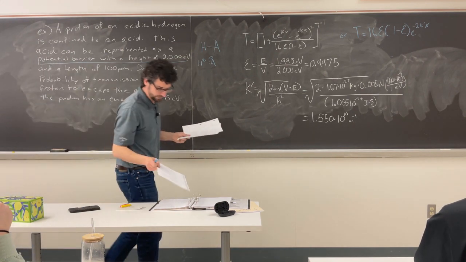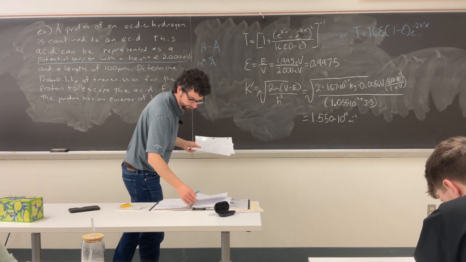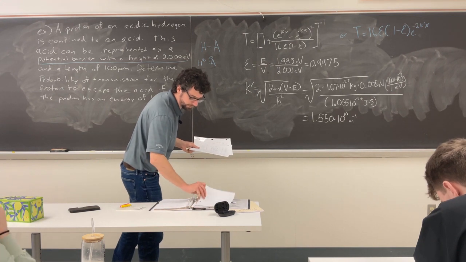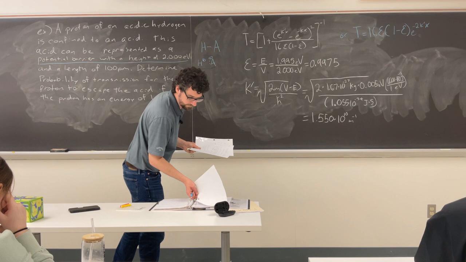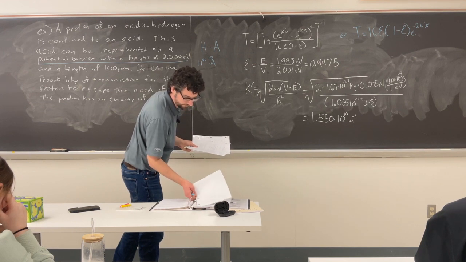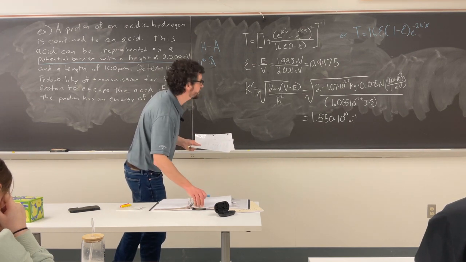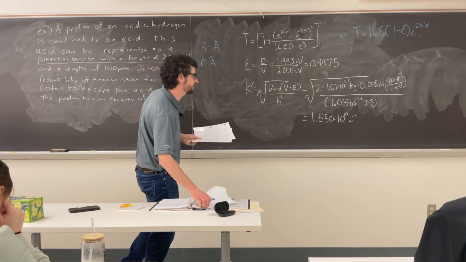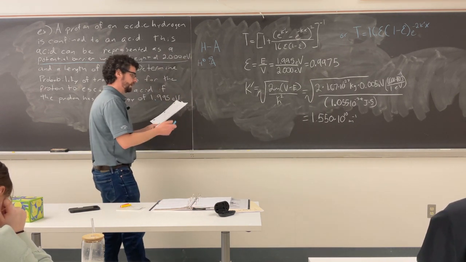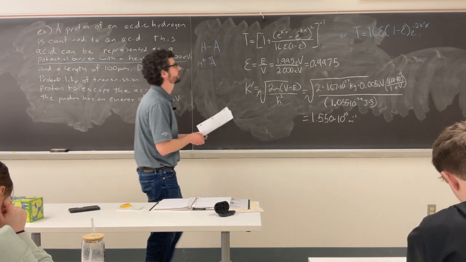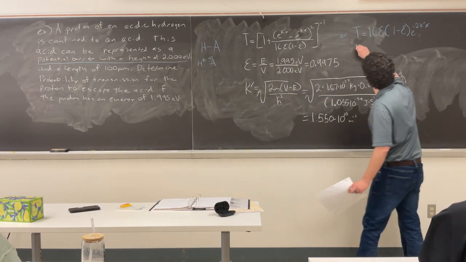Can we use that one? What would we need to check? Yeah. So you'd have to check if k prime times x is greater than 1. Okay, let's check that.